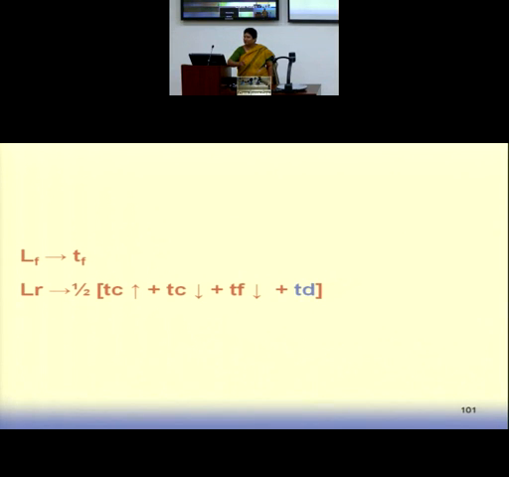I have now a latency which may be different from 1 to 2, 2 to 3, 3 to 4. It may be different because TD, TC and TF will change. TC may be the same, TD may be the same, but TF may change, and from there on, by careful design, I can reduce the latency expressions.